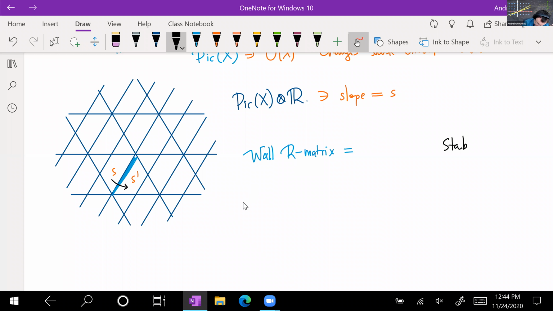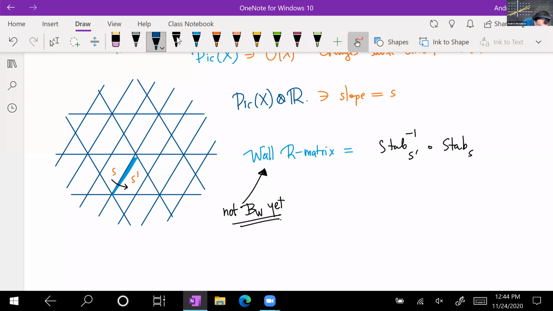This is not B_W yet. B_W, we need it in the right variables, and so we'll get there. So associated to this, there's a stable envelope at this slope here, and then you compose with the stable envelope of the different slope, inverse.